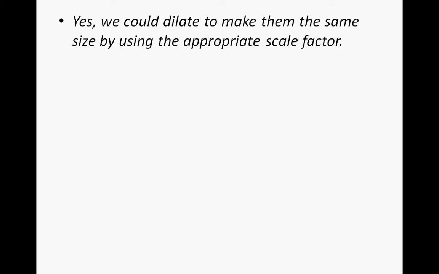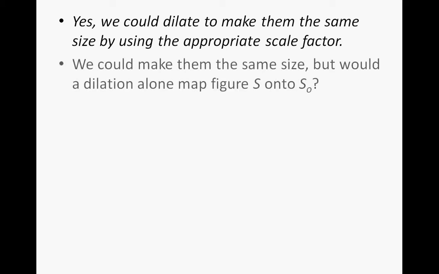Obviously, dilations require a scale factor, so as long as we can come up with a scale factor, then that would be possible. We could make them the same size, but would a dilation alone map figure S onto S sub 0? Go ahead and give your best guess.